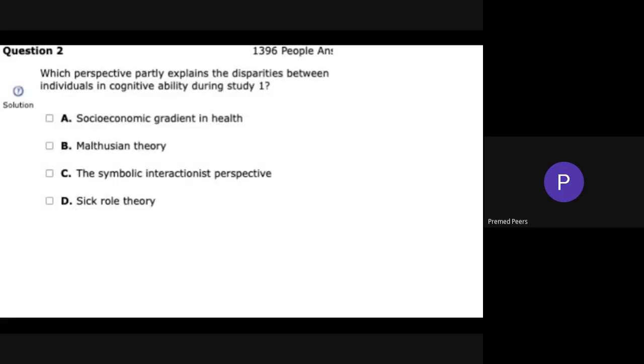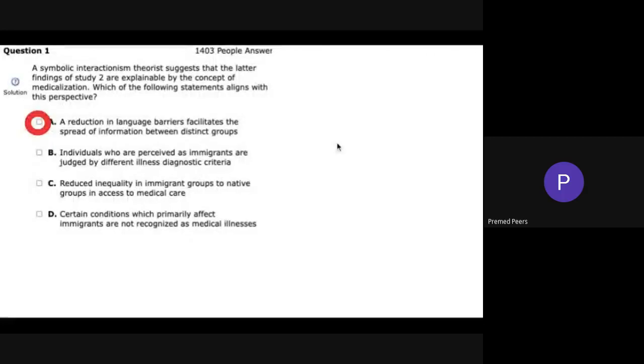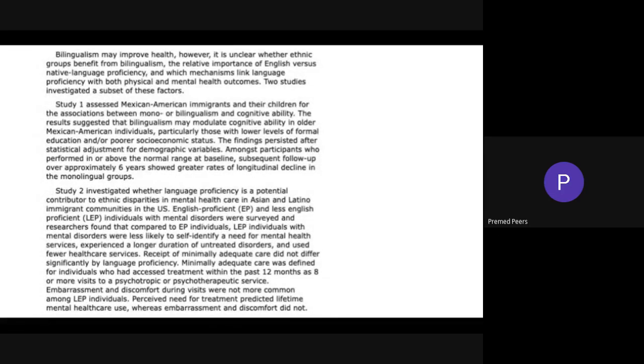All right, next one. Which perspective partly explains the disparities between individuals in cognitive ability during study 1? So let's go back to study 1. It's talking about assessing Mexican American immigrants and their children's relationship between mono or bilingualism and cognitive ability.